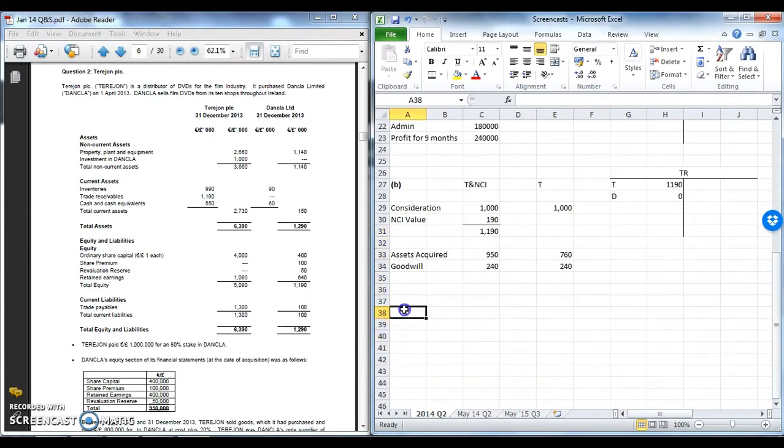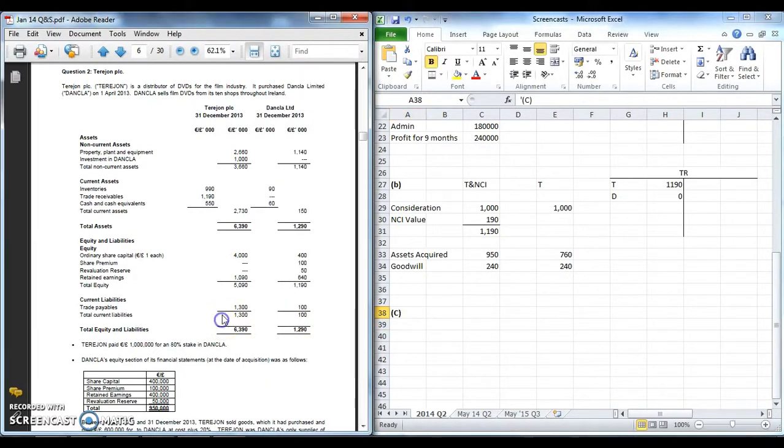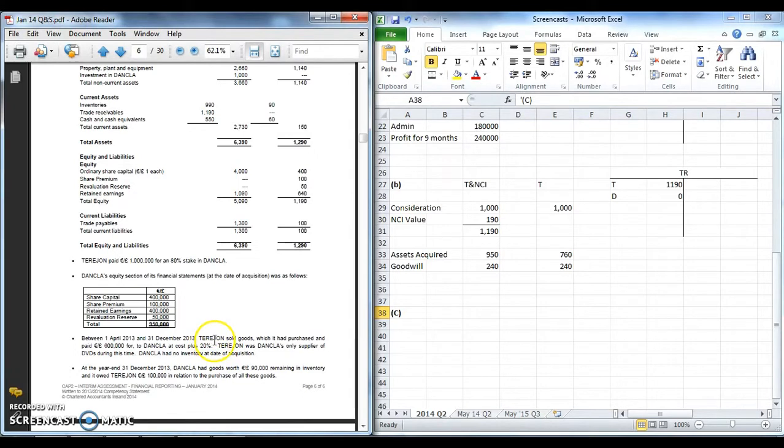So finally, another important thing you need to do is check if there are any adjustments to be made before we try and finish off the rest of the question. If we look down to the question, what are we told? Information. There's some intergroup trading here. So Jan sold goods to Donkla. We know straight away that's intergroup revenue, intergroup costs.